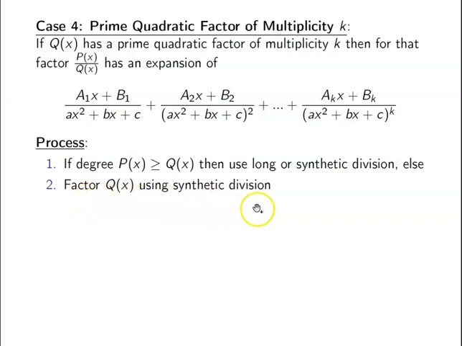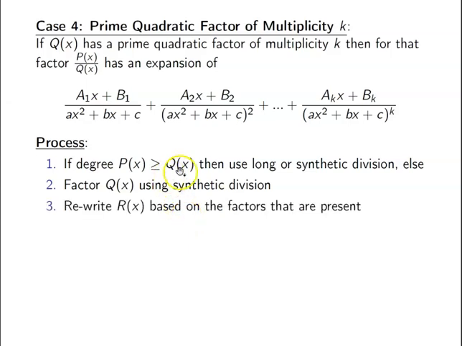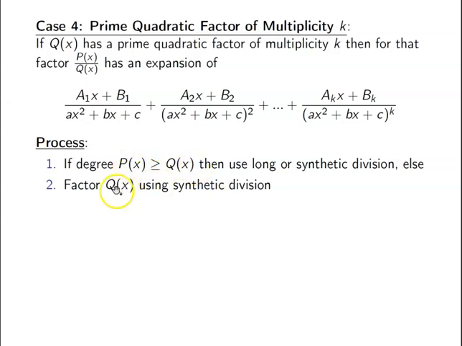Otherwise, we use synthetic division to factor q. If q is larger in degree than p, we can just go ahead and use synthetic division out of the gate, because then our only goal is to factor q. Otherwise, we're trying to do division between p and q. If q is a bigger degree, I don't have to divide them, I just need to factor q.